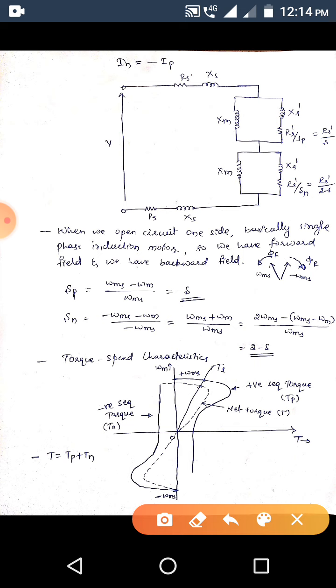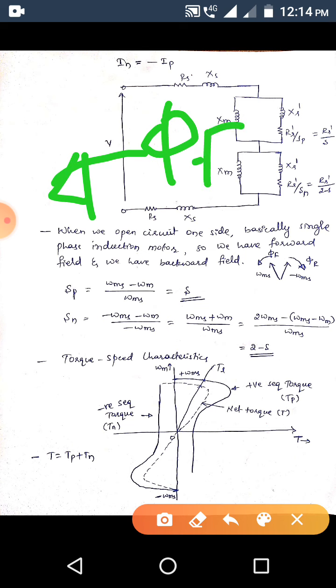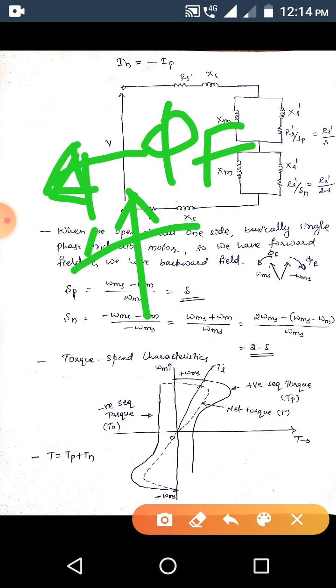If the motor is rotating in a forward direction, then let us assume its field will be phi f, and the synchronous speed is also in forward direction.